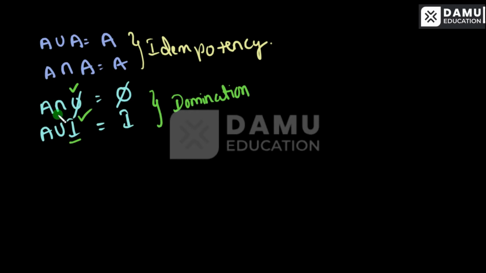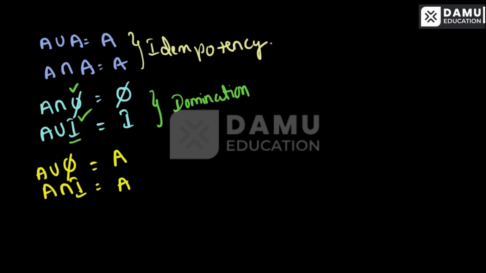If you take intersection for both, then you will get domination here. Then what is the next one? Let's take A union phi will be equal to A, and A intersection I, you will get A only. Why?